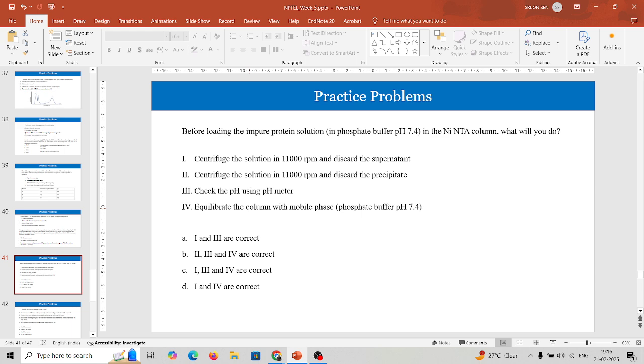Four, equilibrate the column with mobile phase phosphate buffer 7.4. 1 and 3 are correct, 2, 3, 4 are correct, 1, 3, 4 are correct, 1 and 4 are correct.